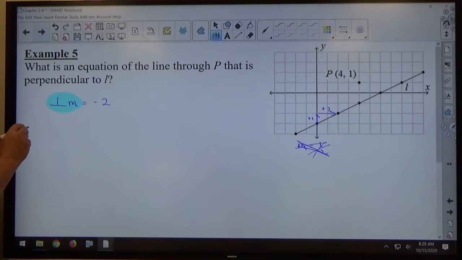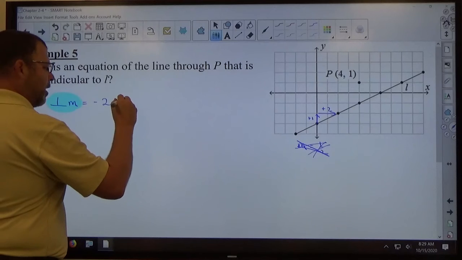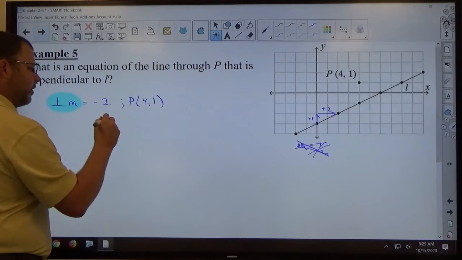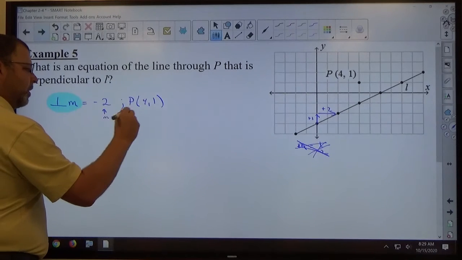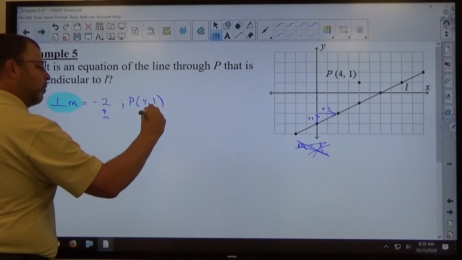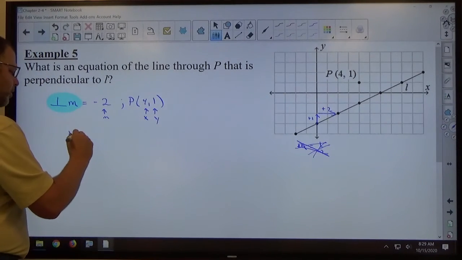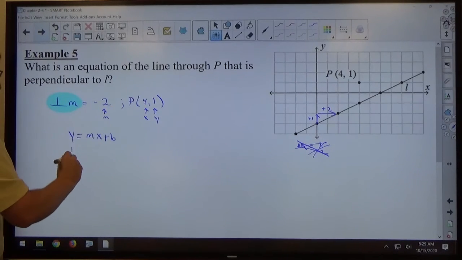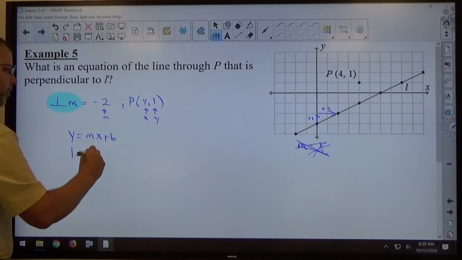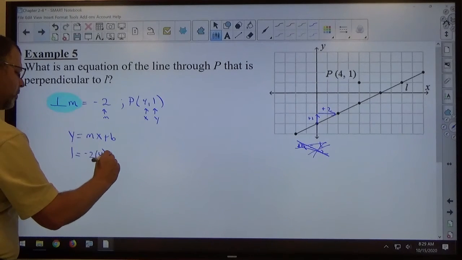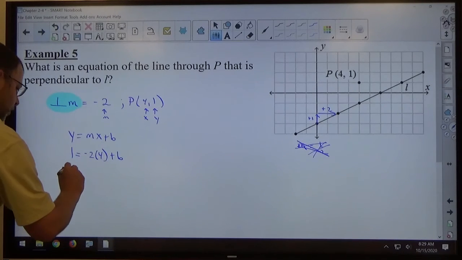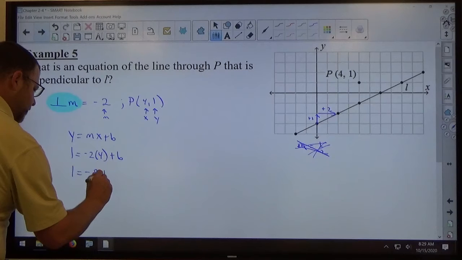Okay, step 3, we have our slope and then we have our point P, which is 4,1. And again, this is the M, this is the X, and this is the Y that we're going to put into Y equals mx plus B. Y is 1, M is -2, X is +4, and B is what we don't know. So we substitute everything we do know in to find the one thing we don't know. -2 times 4 is -8.